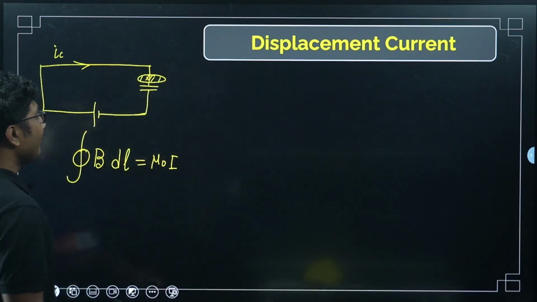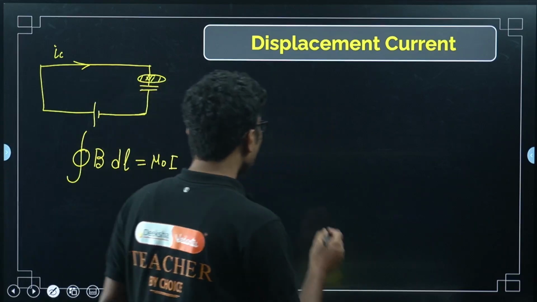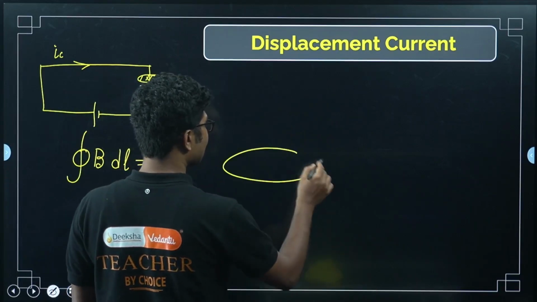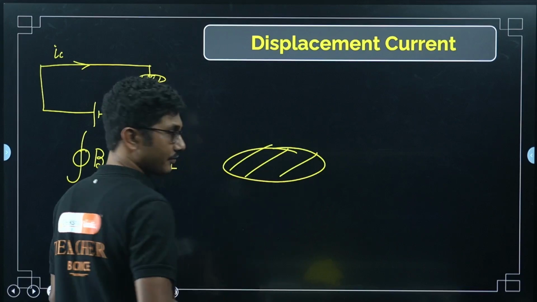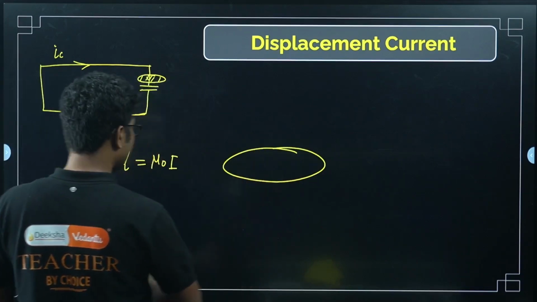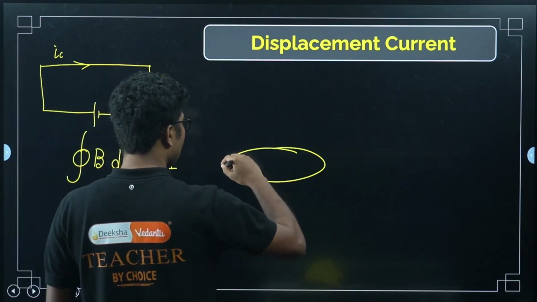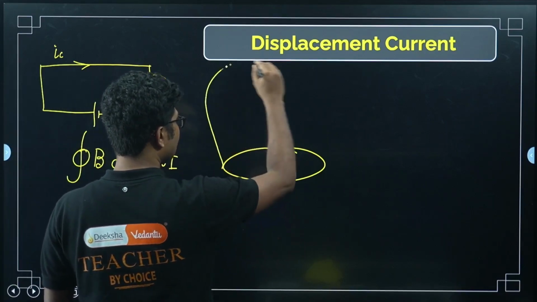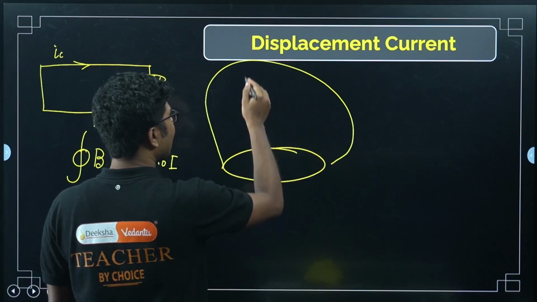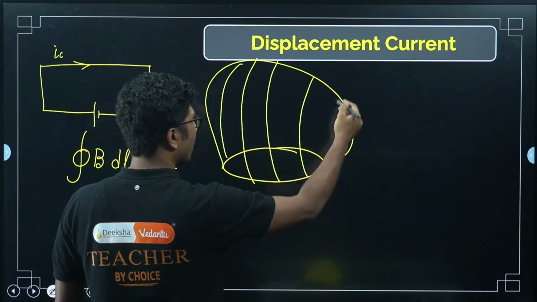Now, Ampere's law does not specify which surface to consider. So if I consider a surface like this, this is one surface. Another surface that you can consider is a new surface having the same boundary but a different shape, like a pitcher where you store water.